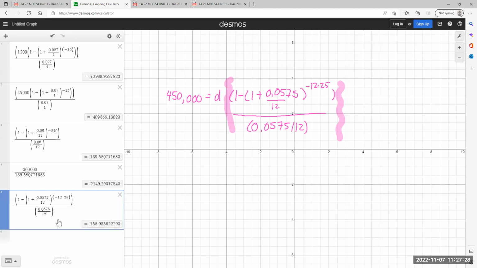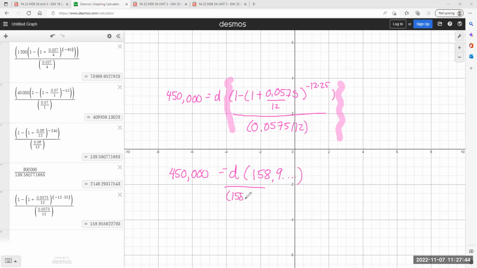Okay. And I come up with this number. Okay, so I've got my 450,000 equals D times this guy. So I'm also going to divide. And that'll end up giving me what my D is.